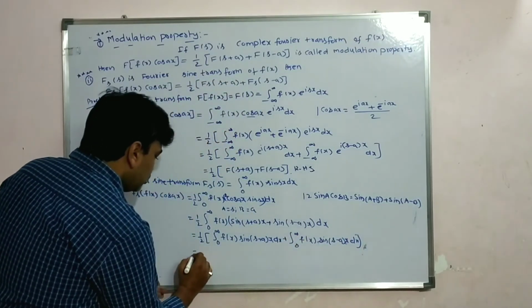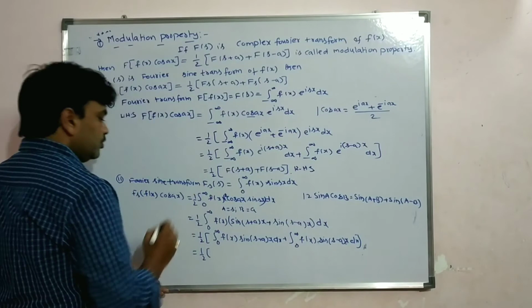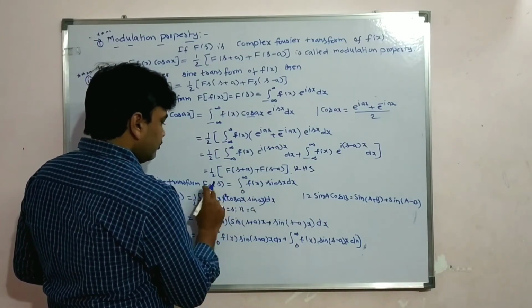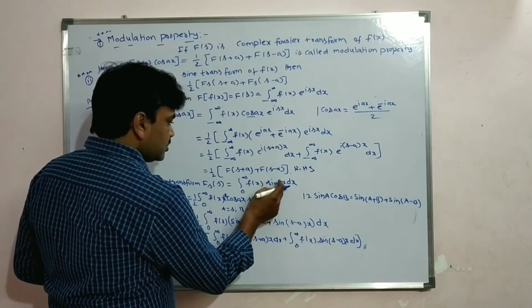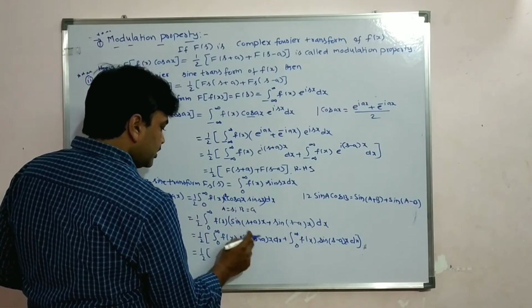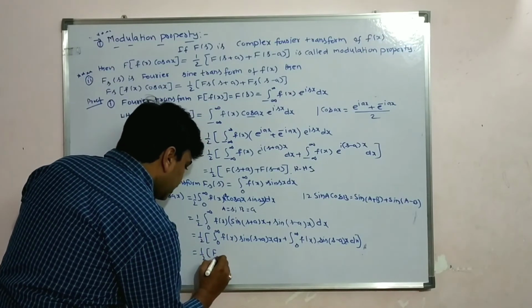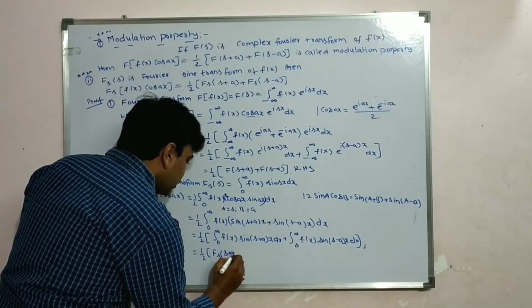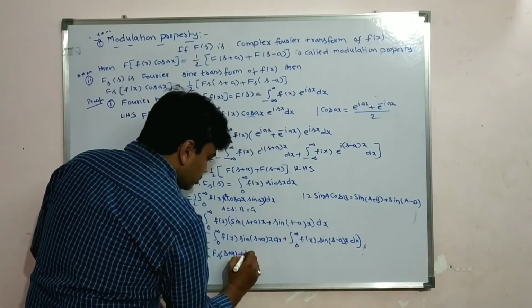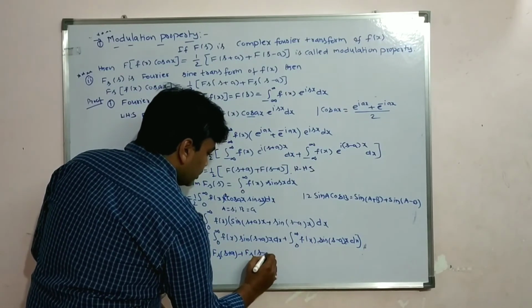That is equal to 1/2 into, applying integration on both terms, the integral from 0 to infinity of f(x) sin (s+a)x dx plus the integral from 0 to infinity of f(x) sin (s-a)x dx. Previously Fs(s) is the integral of f(x) sin sx, so we can write Fs(s+a) plus Fs(s-a).